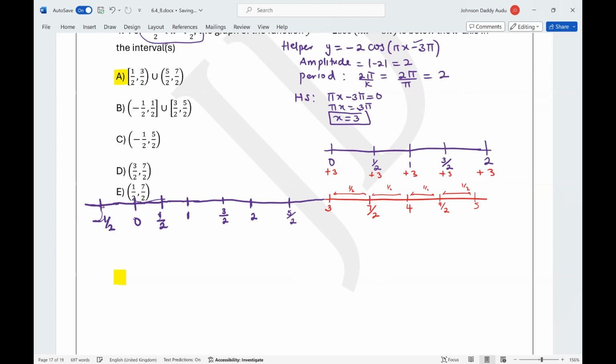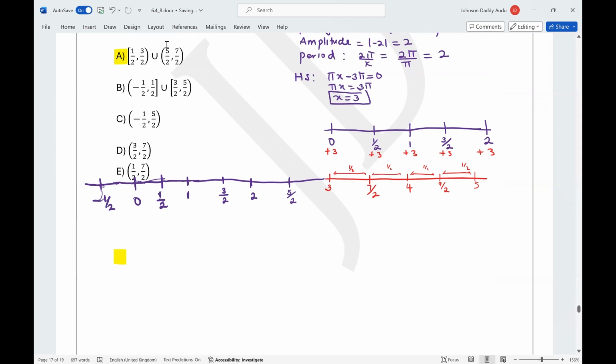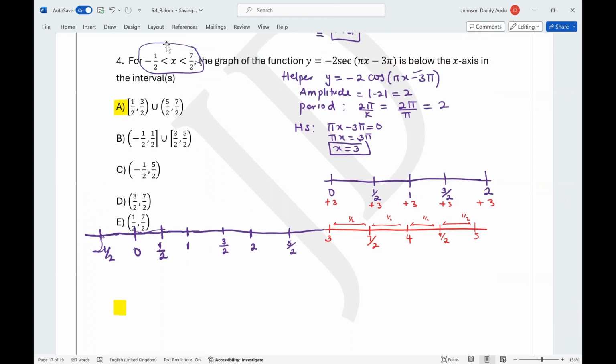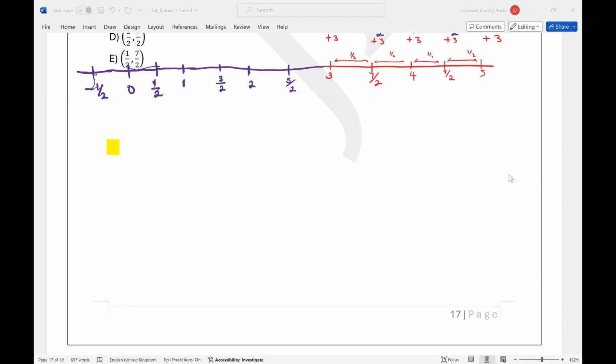Minus half. Now, you see, what we are actually interested in is from where? From minus half to where? To 7/2, right? So that is the interval we are going to use for this. All right, now it means that to graph, we will focus on what?